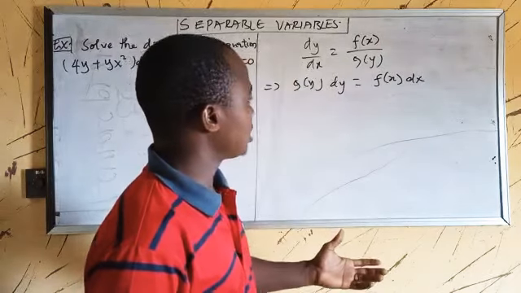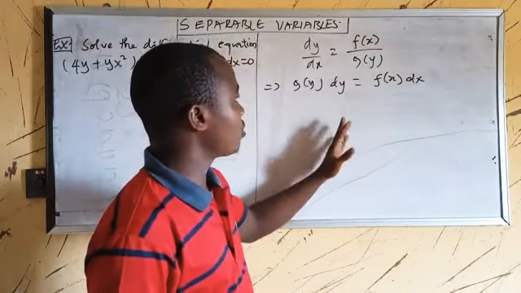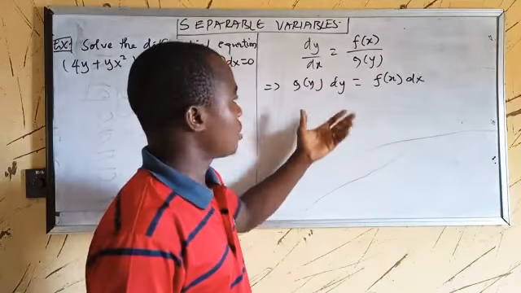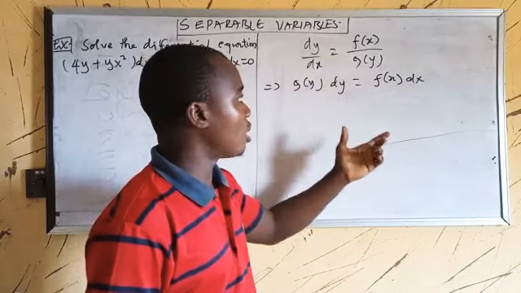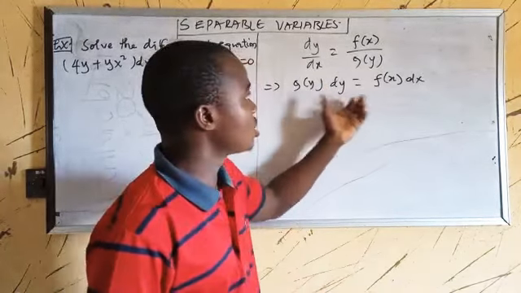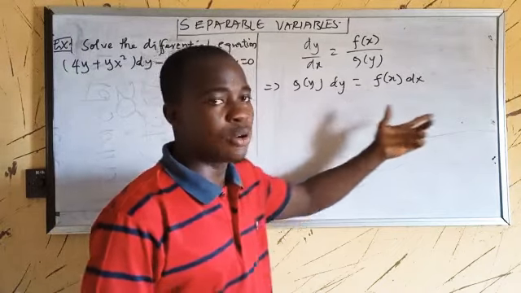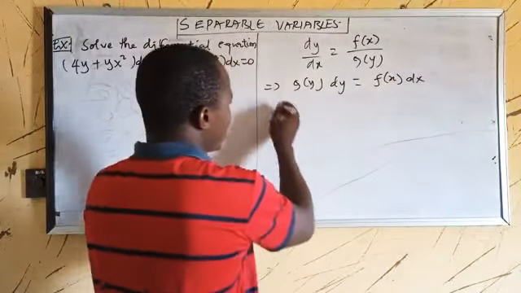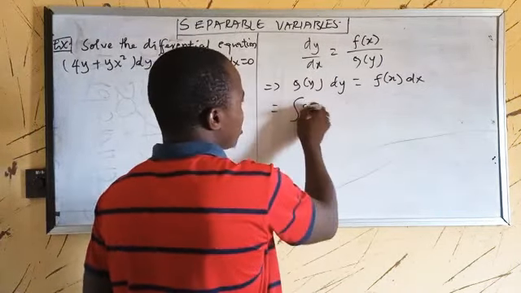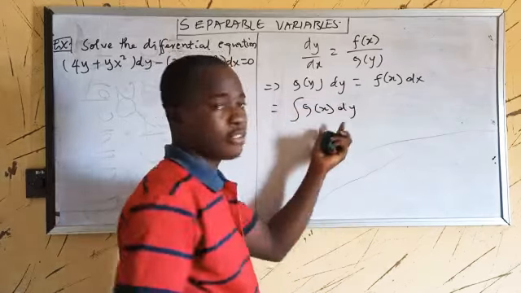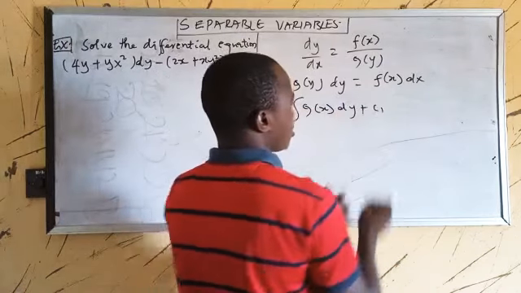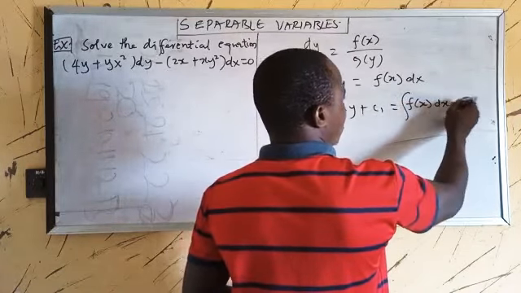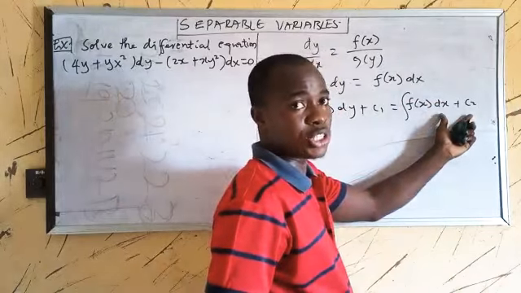So now what we are looking for is y, our dependent variable. So what are we going to do to bring out y? We need to integrate both sides with respect to x and y to get our solution. So we have the integral of g(y) dy plus c1, the constant of integration, equals the integral of f(x) dx plus c2, the constant of integration of the second one.